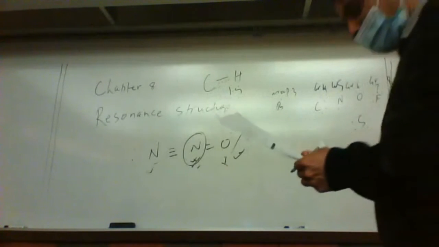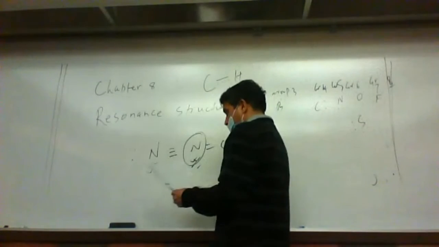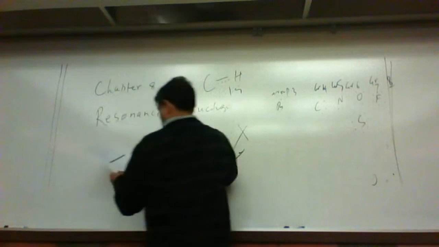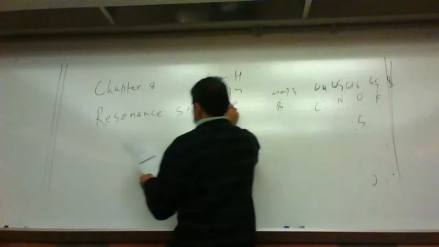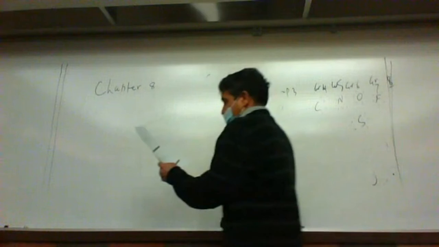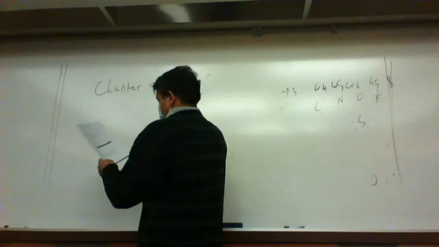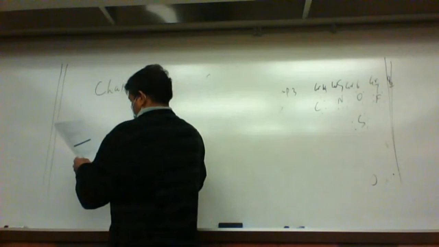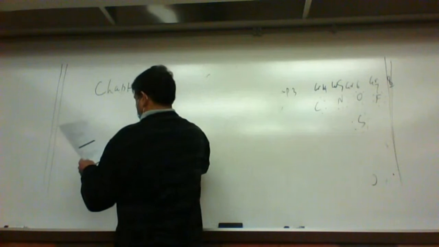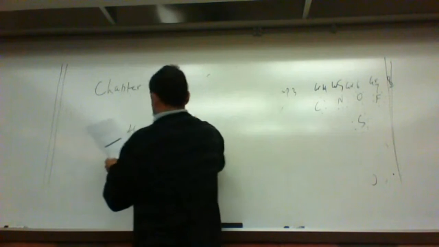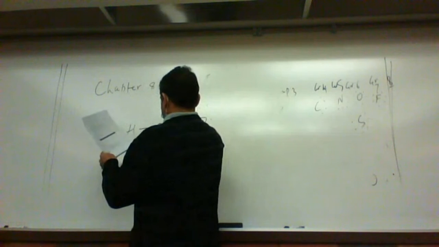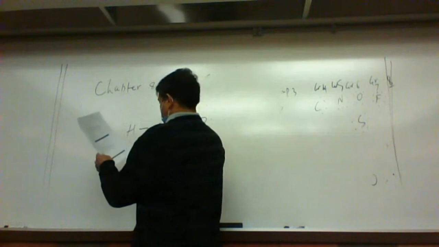So let's look at another one, in the next slide, slide number 4. Why is it wrong? I already wrote the answer here, so you probably already know this. Here is carbon, and here oxygen.